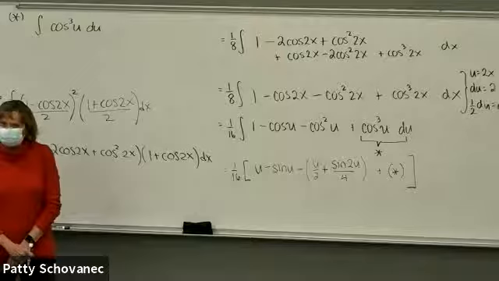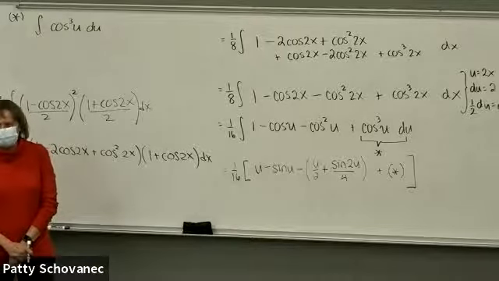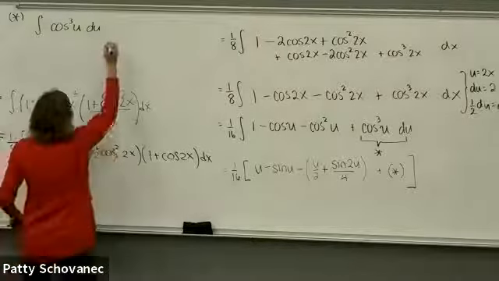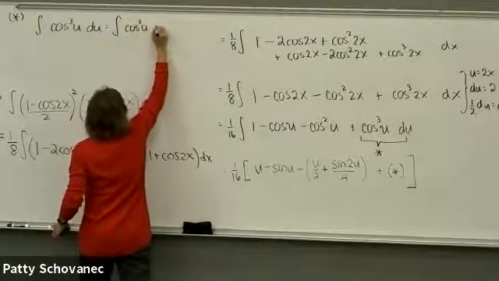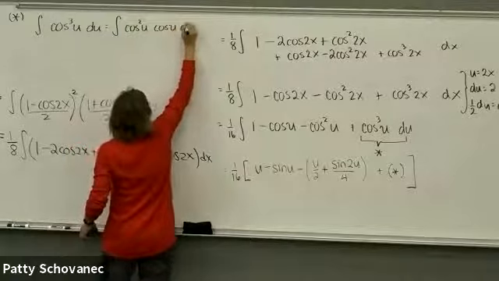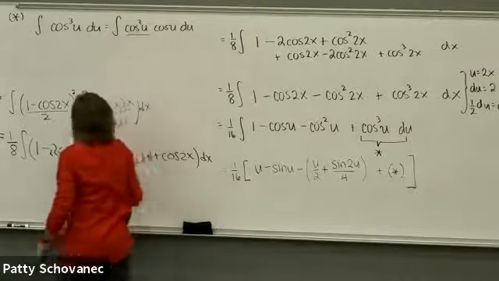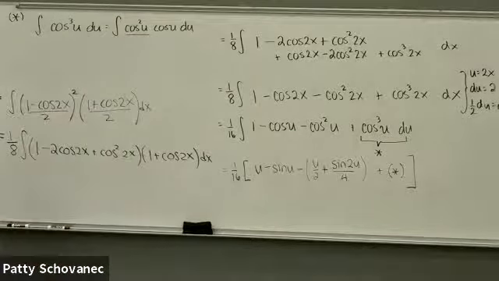Take the cosine out. It's the odd power rule. Take one of the cosines out as the du. Actually, we're going to have to change variables. So I'm going to have a cosine squared of u times the cosine of u du. Use the Pythagorean substitution. The cosine squared is 1 minus sine squared.